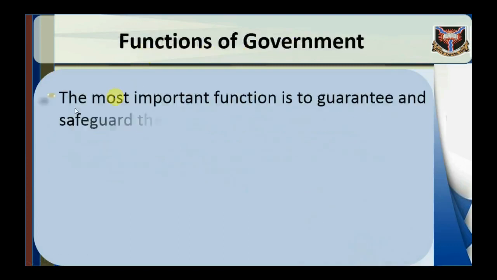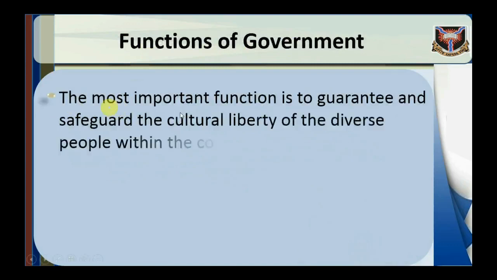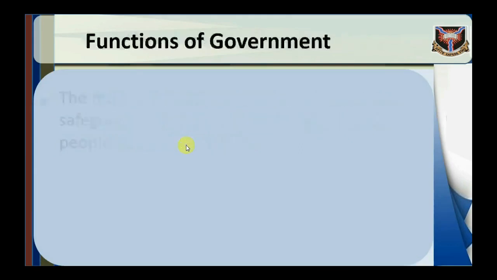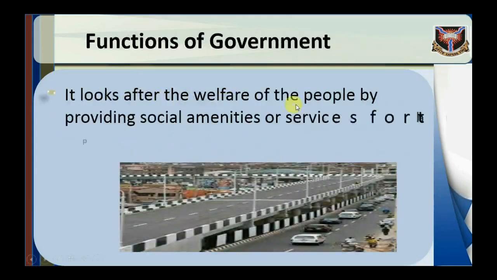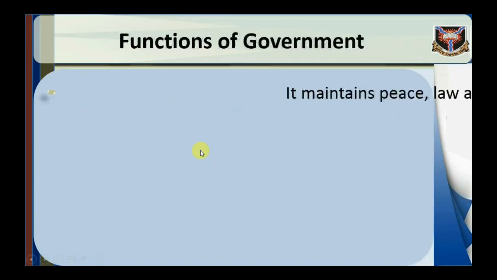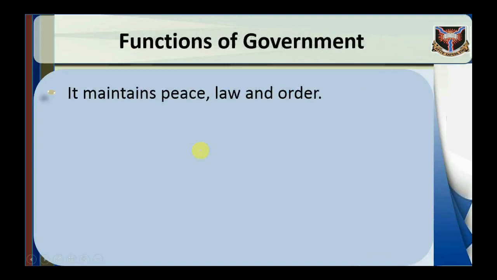Functions of government. 1. The most important function is to guarantee and safeguard the cultural liberty of the diverse people within the country. 2. Government looks after the welfare of the people by providing social amenities or services for the people, for example, roads, hospitals, water, etc. 3.